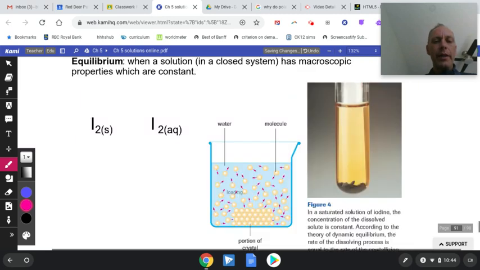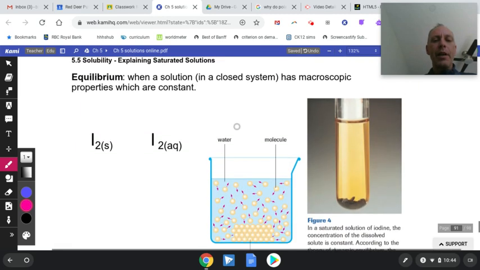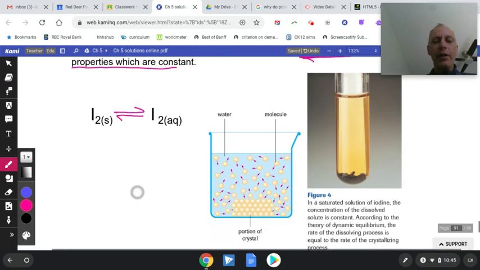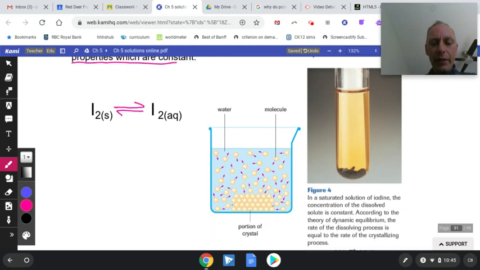Okay, equilibrium. When a solution in a closed system has macroscopic properties that are constant, we say it's at equilibrium. What does that mean? Well, it means when you look at it, it's not changing. Its visible, or macro, large visible properties, macroscopic properties are not changing. So in this container, there is a block of solid crystal.